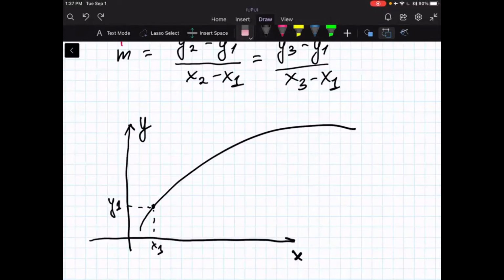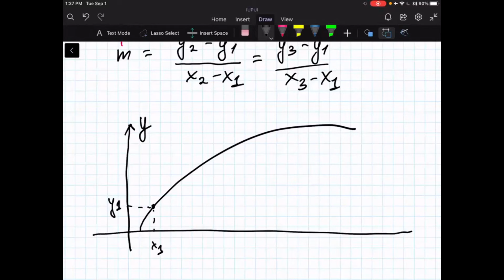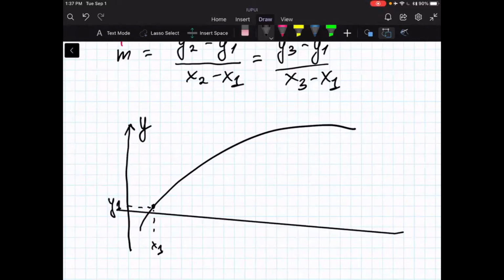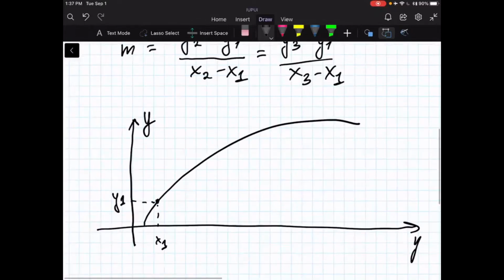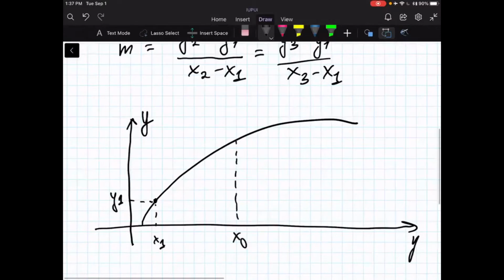And say here is my x2, and here is my y2, and I choose this point as a third point, x3 and y3.